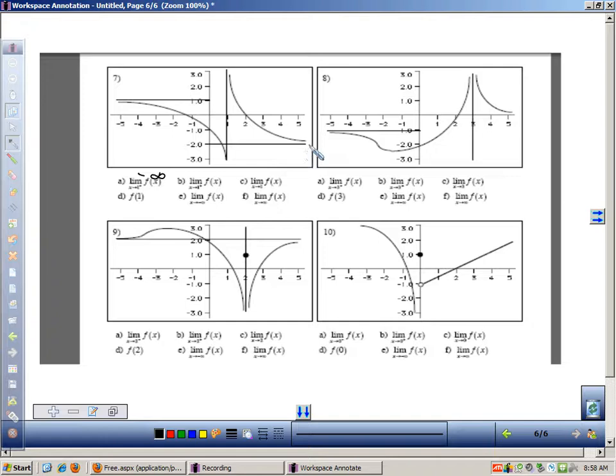As x approaches 1 from the positive side, as we're coming from this side, what does y do? Keeps going up, up, up. So what would this limit be? Positive infinity. The limit as x approaches 1, is it the same from the left and the right? No? So it does not exist.